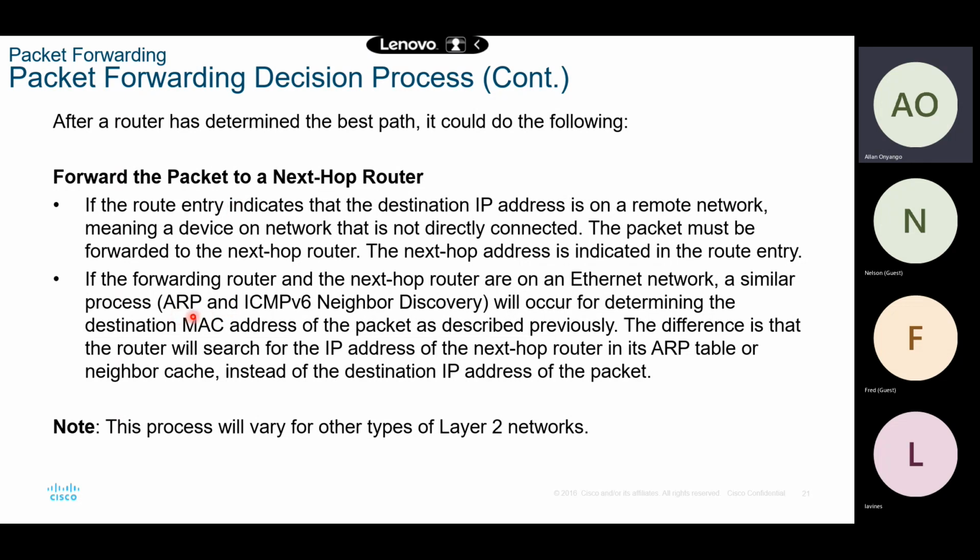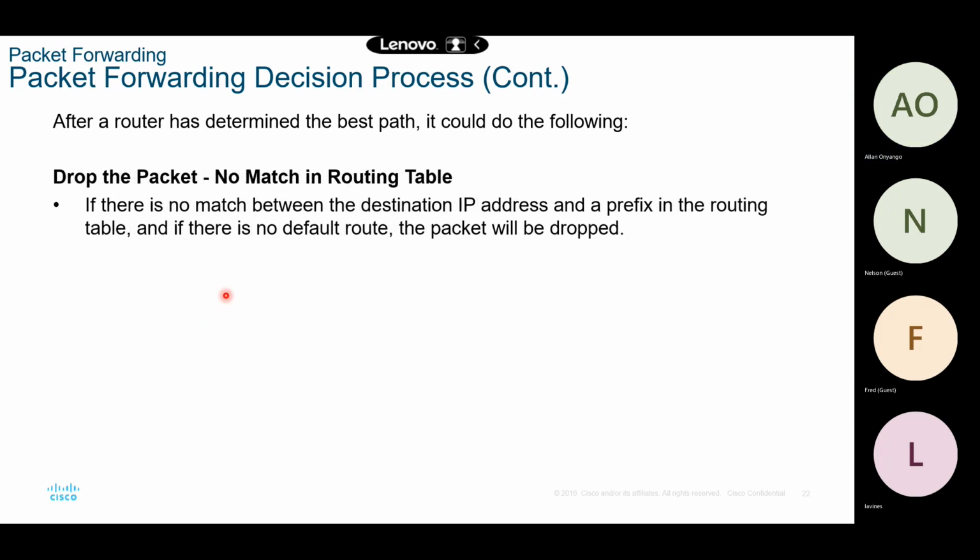So routers could be referred to as hops sometimes. Packets can be forwarded to another router, and that router might have an idea of where the next destination is. So a packet could be sent to the next router, which we are calling the next hop router, so that that router could help us to continue forwarding it towards the destination device.